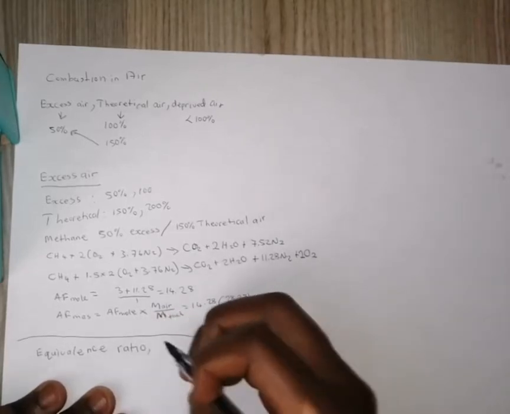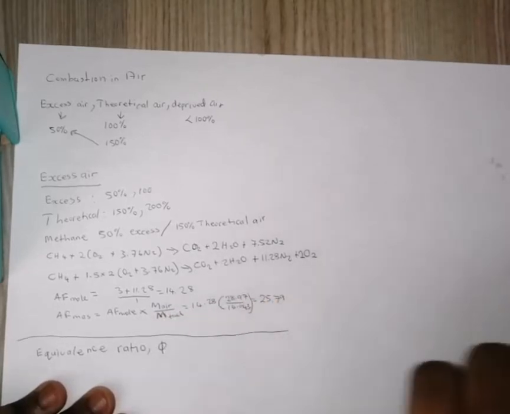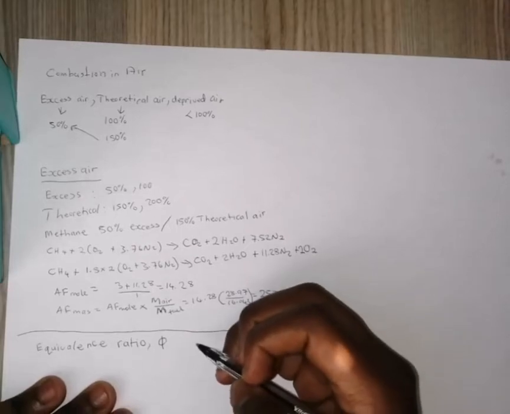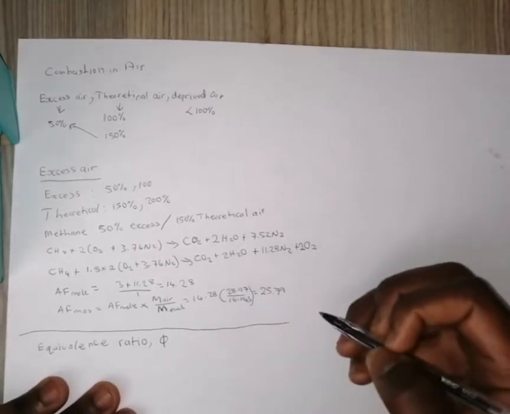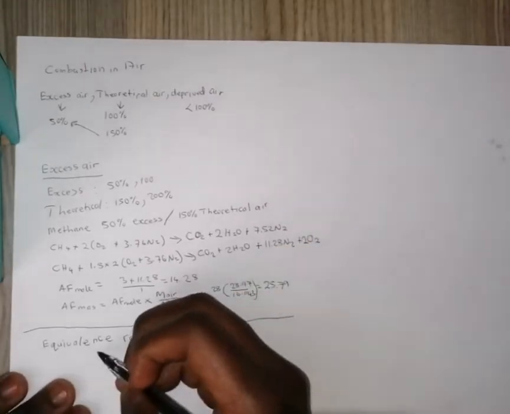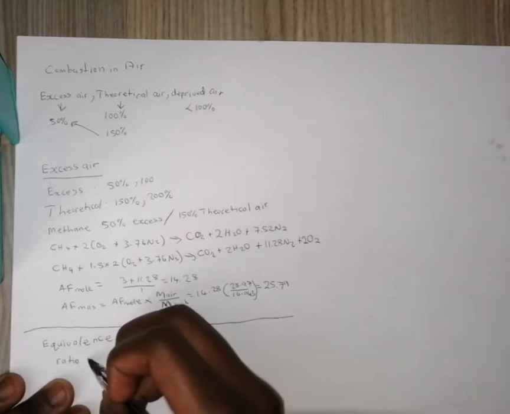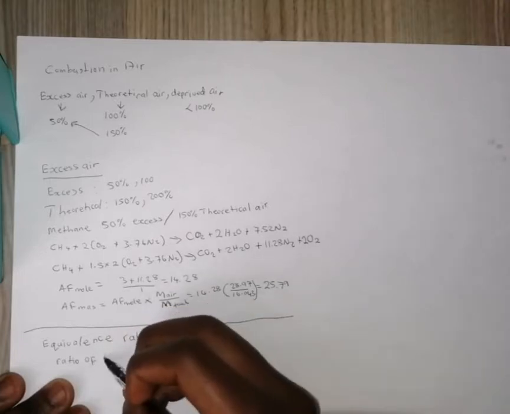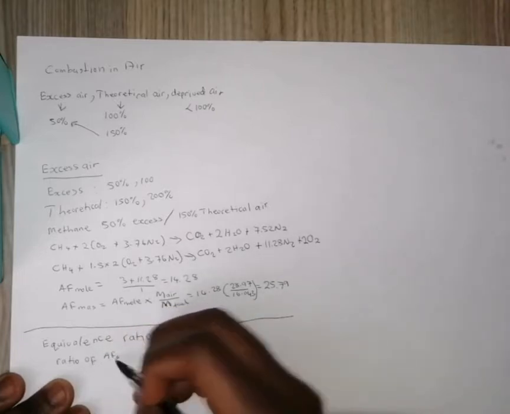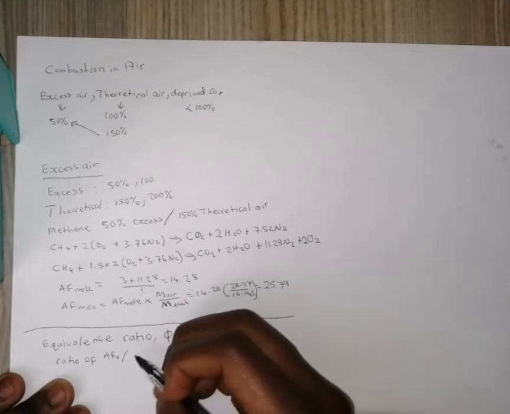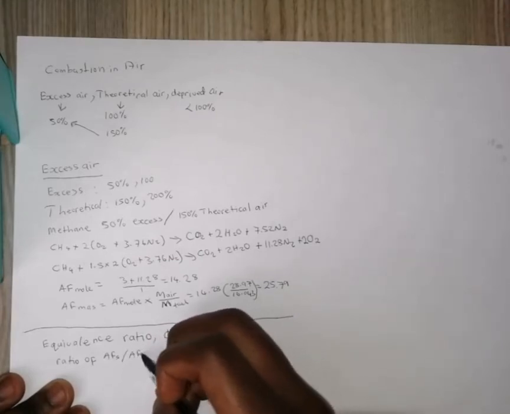This equivalence ratio is denoted by this symbol. So the equivalence ratio is the ratio of the standard air-fuel ratio over the actual air-fuel ratio.